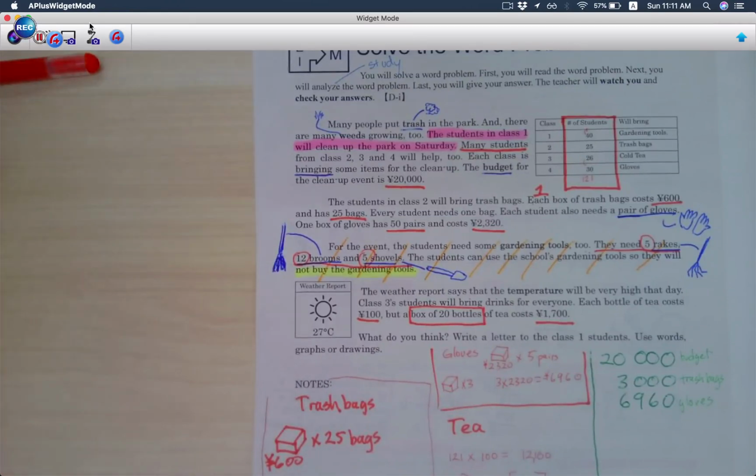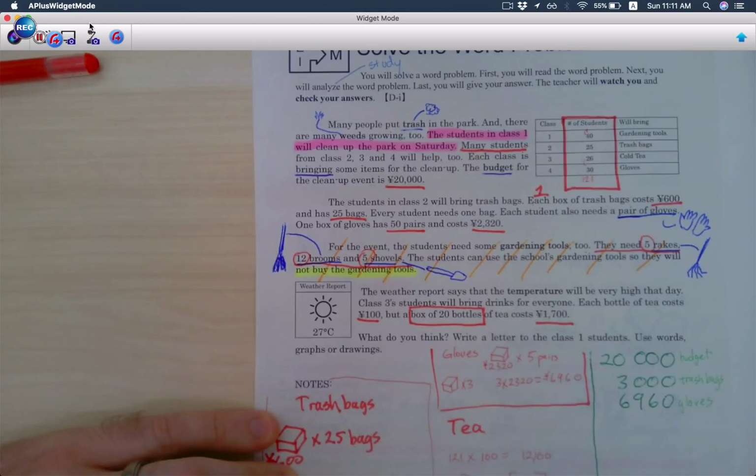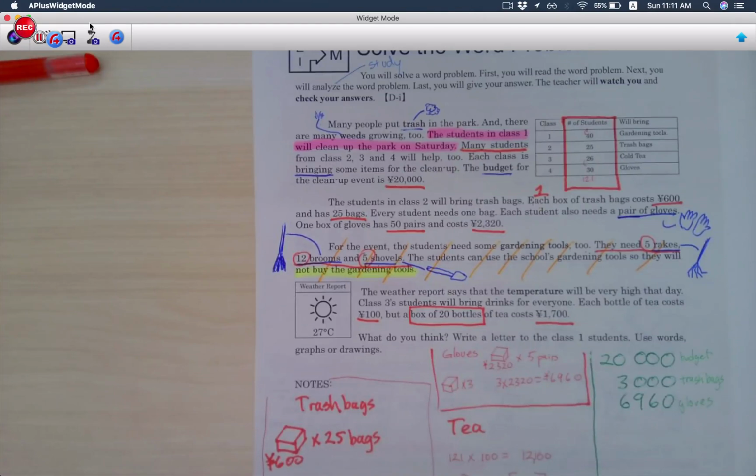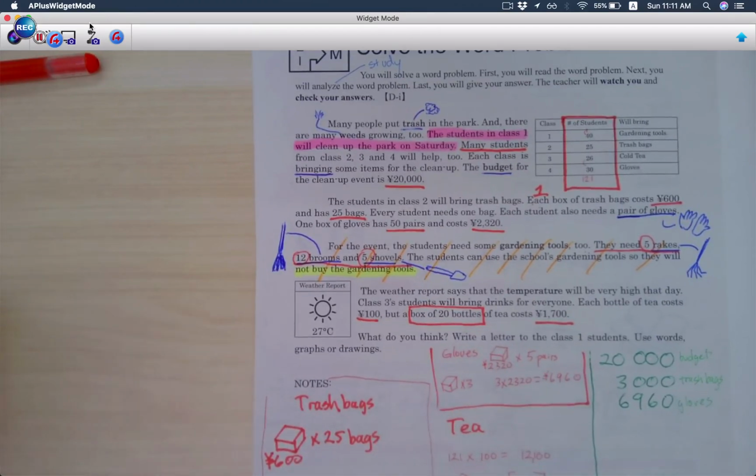So let's do the math there. 1,700 times 6 is, well, that's still a little bit expensive, isn't it? Plus 100 yen means the total cost for tea is going to be 10,300 yen.